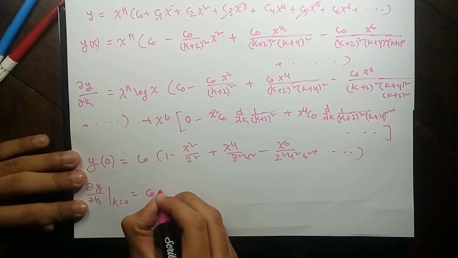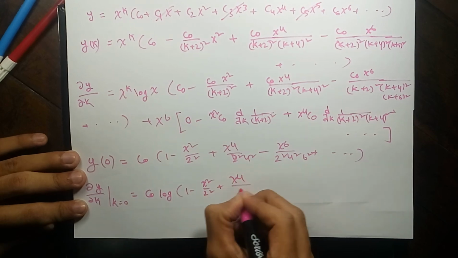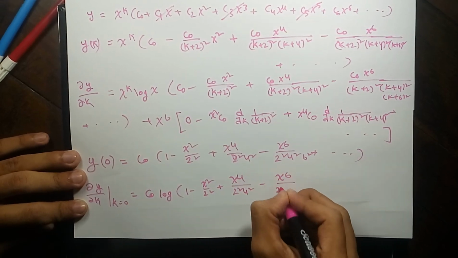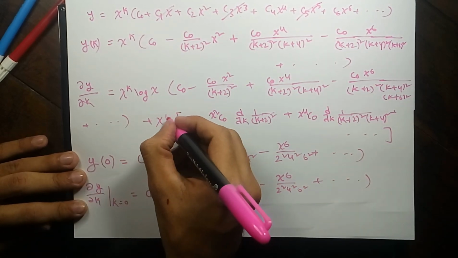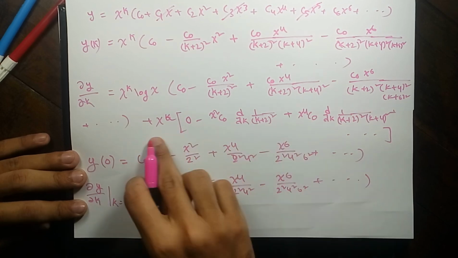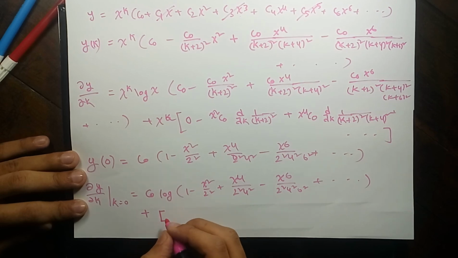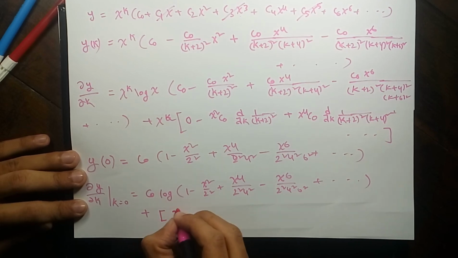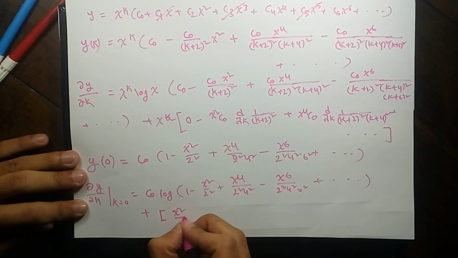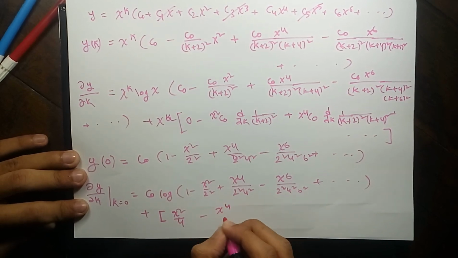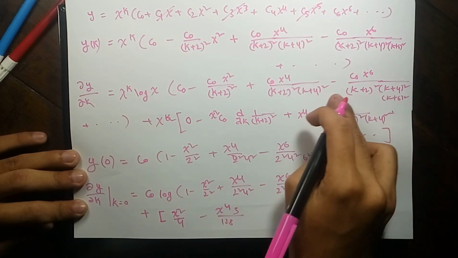if you take c0 in common, c0 log x (1 - x²/2² + x⁴/(2²4²) - x⁶/(2²4²6²) + and so on). And then put k equal to 0 here also, plus x to the power 0 equals 1, and this term equals really x², and all these differentiations, if you evaluate them at k equal to 0, become 4, and the next thing becomes x⁴ times 3 over 128. 3 over 128 comes from evaluating this differentiation.